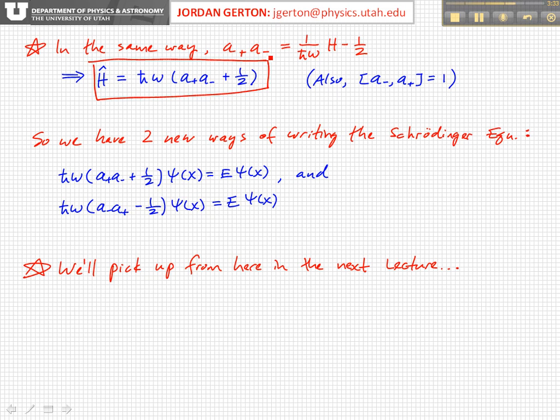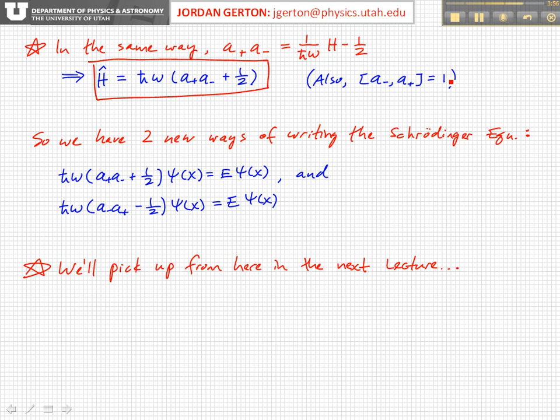That's 1 over h bar omega times the Hamiltonian operator minus a half, and so we can write the Hamiltonian operator in this way: h bar omega A plus A minus plus a half. We also notice that the commutator of A minus and A plus is equal to 1. We could also show that the commutator of A plus and A minus is equal to minus 1.